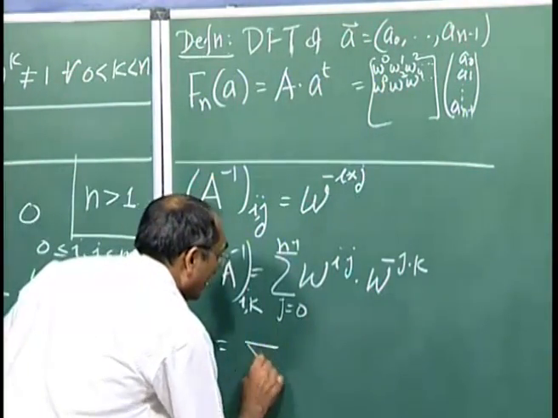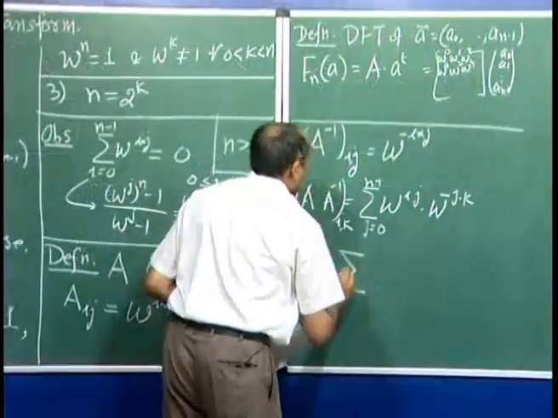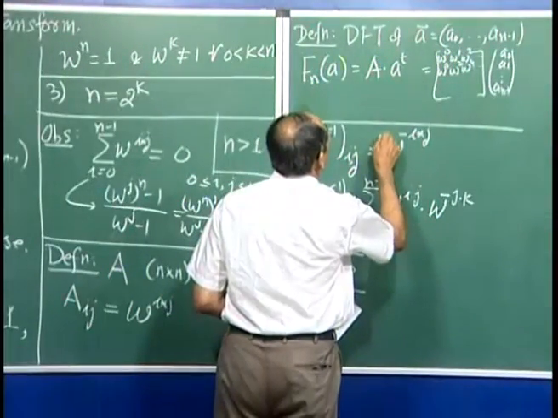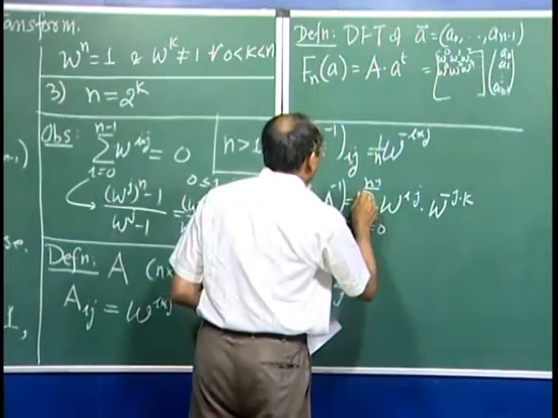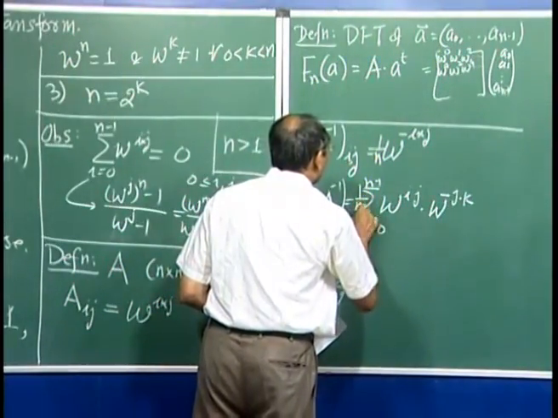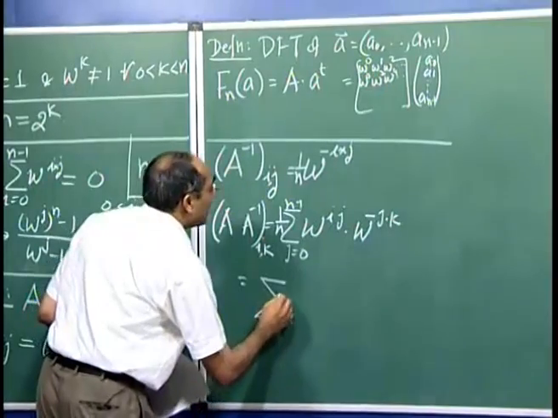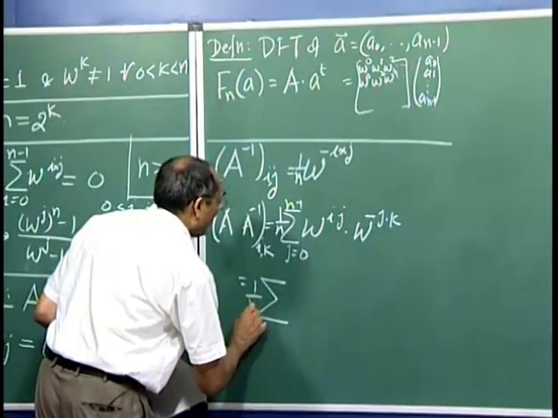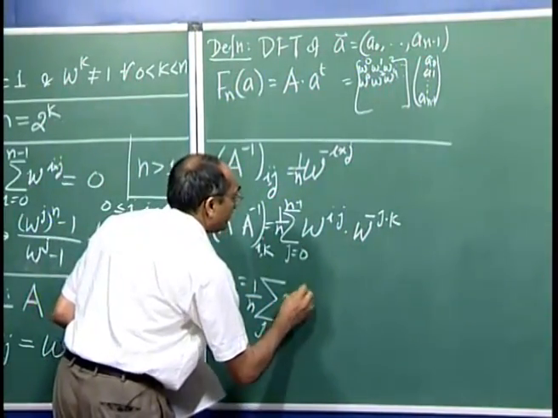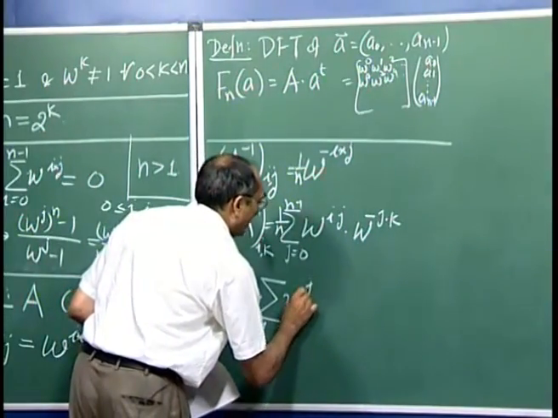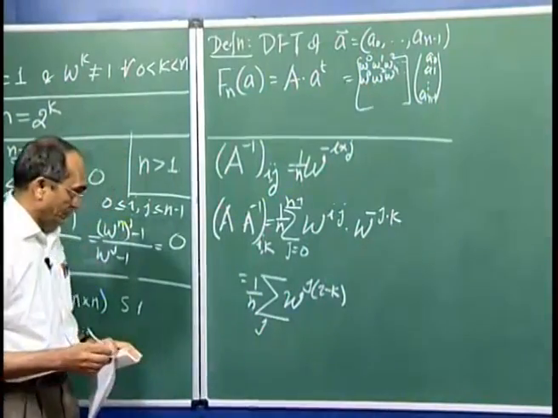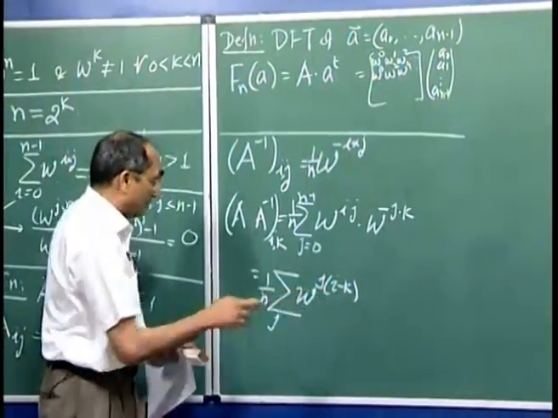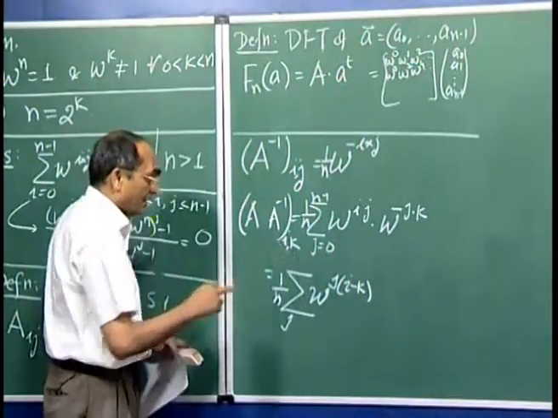I would have to add a coefficient 1 over n here, so I will have 1 over n here as well. This is 1 over n times w^(j(i minus k)). i minus k is a constant for a fixed i and k.